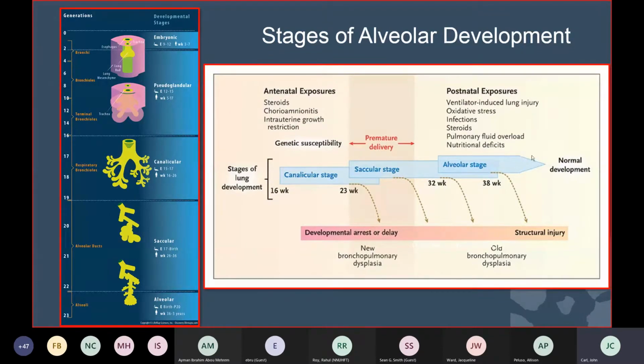And those resulted in structural injury. But now that you have refined the delivery of your modes of ventilatory support, and we're now able to have other disciplines that assist us in allowing children at younger gestational ages to survive, what we're dealing with is much more that of a developmental arrest or delay in pulmonary development.